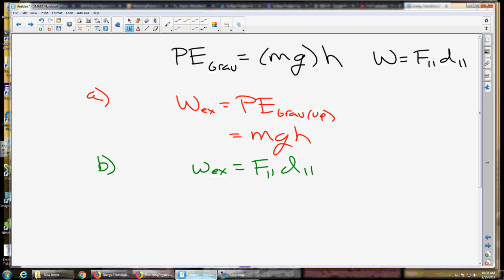Do I have to apply a force to hold the paint can there? Yeah. How far does it move in the direction of that force? If I'm just holding it there, it's not, so what's my work? 0. So my force would actually be mg, but my distance is 0.